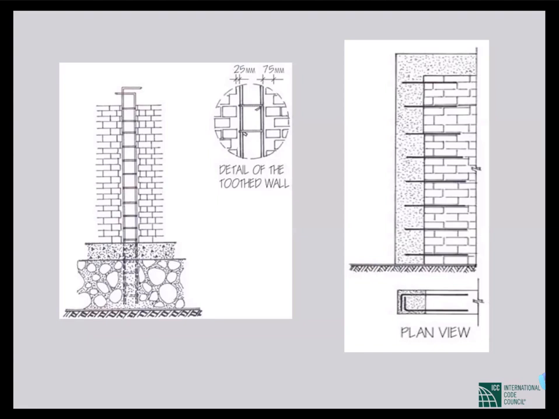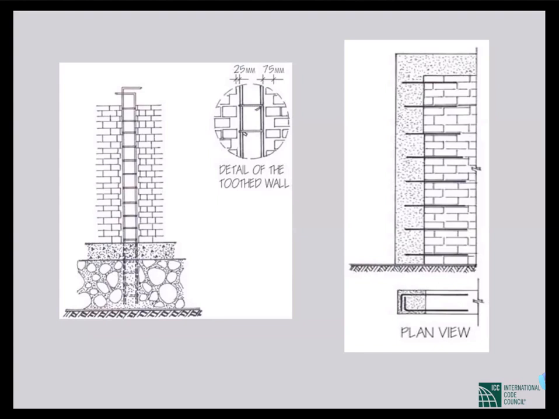So these are the details. Now you see the wall is first constructed. That's why the toothing is there. We know that the joints, we never align the joints vertically, so the joints are staggered. So we have a toothing pattern where we end the wall construction.